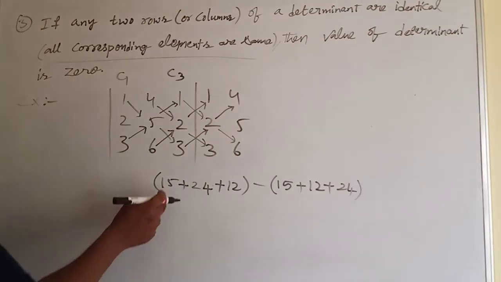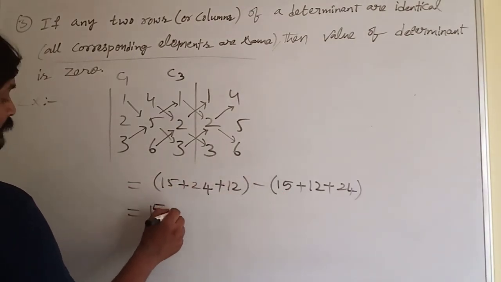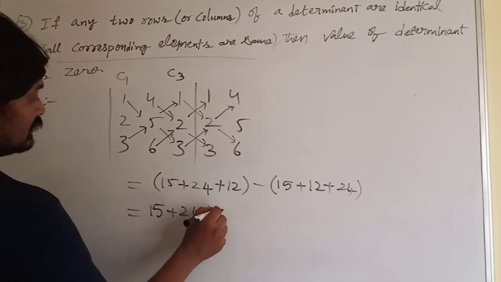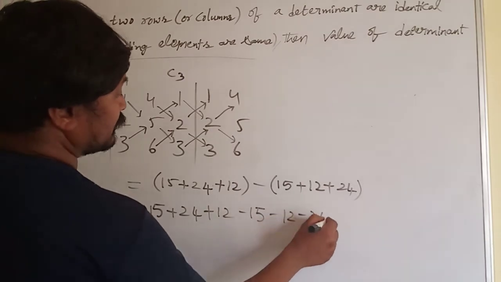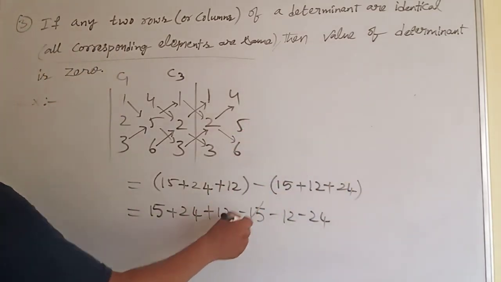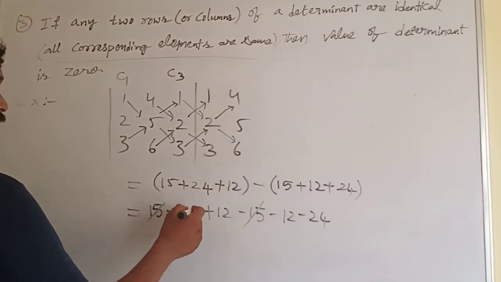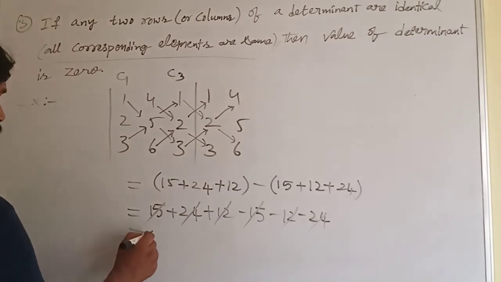Now check here clearly: 15 plus 24 plus 12 minus 15 minus 12 minus 24. When you remove the bracket, all pluses change into minus. Plus 15 minus 15 plus 24 minus 24 plus 12 minus 12, that is equal to 0.